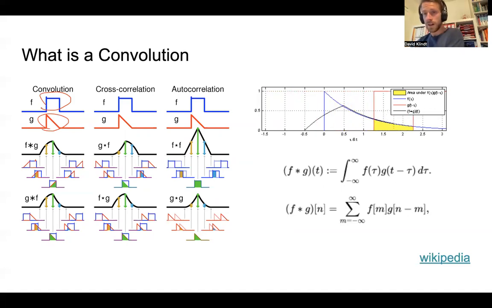And then we're multiplying it at each possible location with the value of F. So it's like shifting across F. And then we're getting this output curve, which at each point is either the inner product of the two or the integral, depending on whether we're in discrete time or on continuous signals. Okay, so that's a very, very brief explanation of what a convolution is.